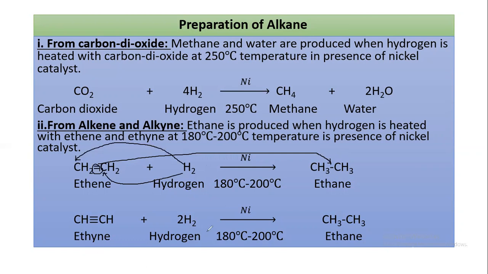Similarly, 2 hydrogen molecules or 4 hydrogen atoms react with ethyne and produce ethane. 2 hydrogen atoms are attached to this carbon, and 2 hydrogen atoms to this carbon, and then we'll get CH3 CH3, that is ethane.